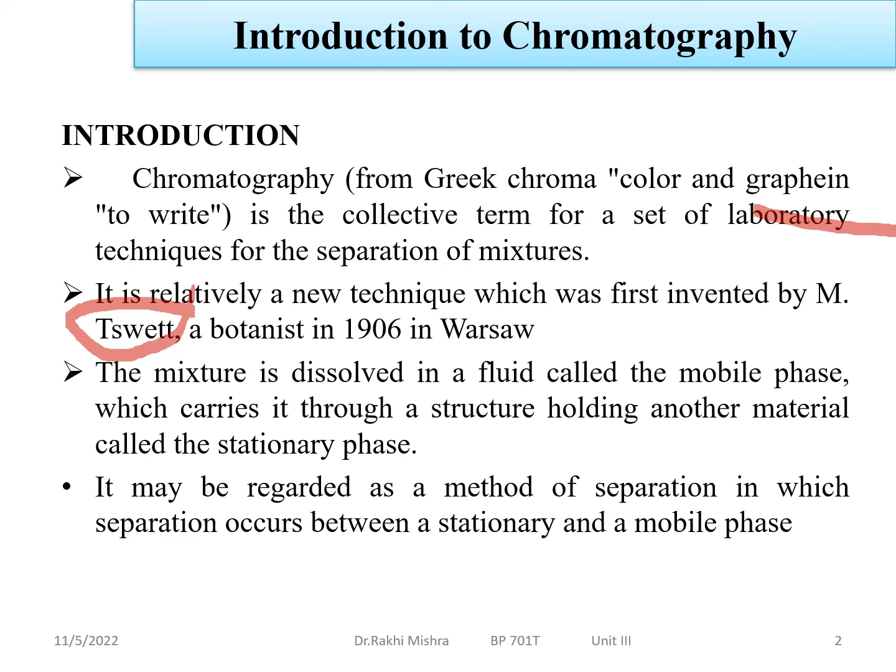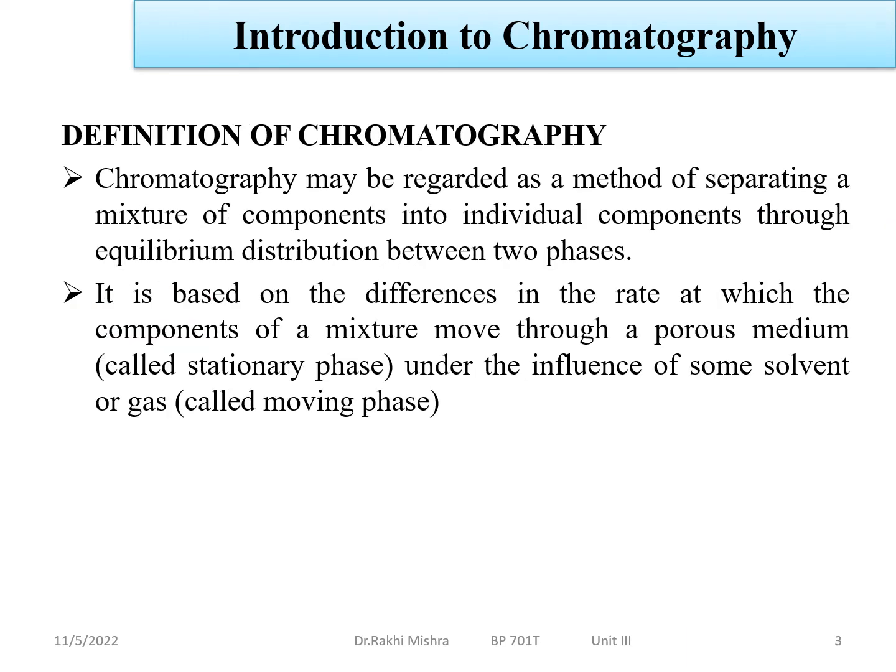It may be regarded as a method of separation between a stationary and a mobile phase. So the definition can be: a method of separating a mixture into individual components through equilibrium distribution between two phases.